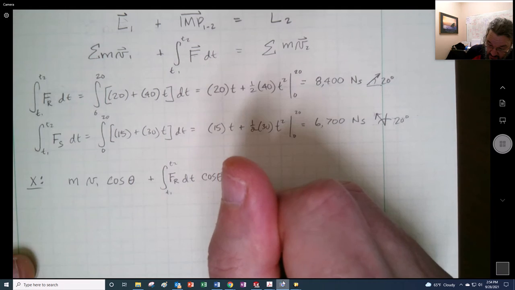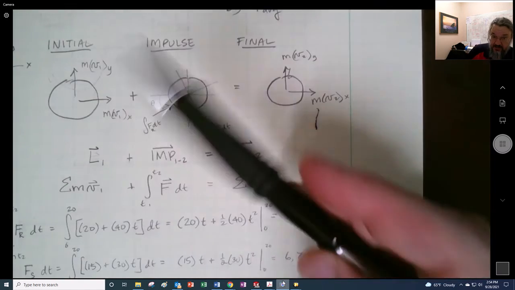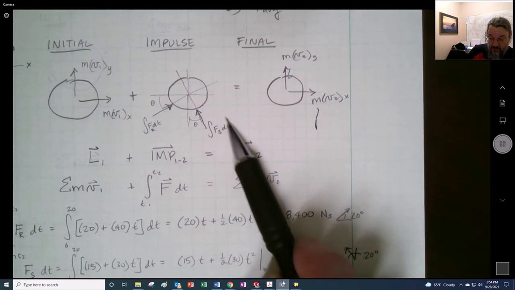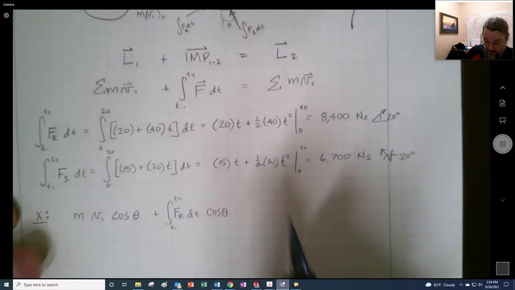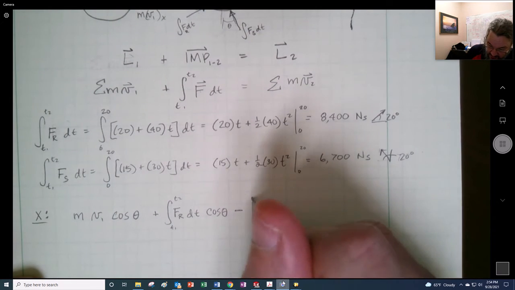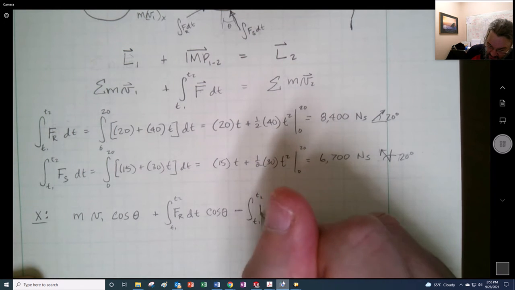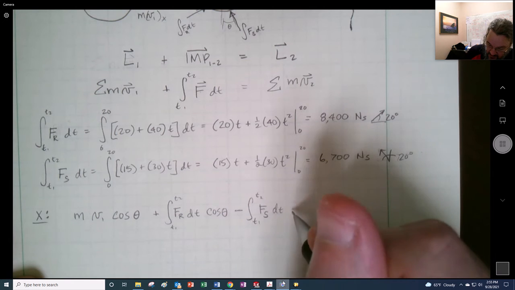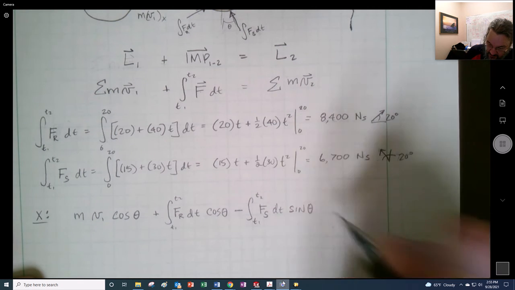But here, you're going to see that it's going to be in the negative direction, right? The x direction of this is negative. So we're going to say minus the integral from T1 to T2 of F, here's the starboard one, dt, and the sine of theta.